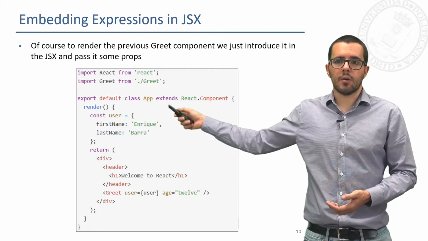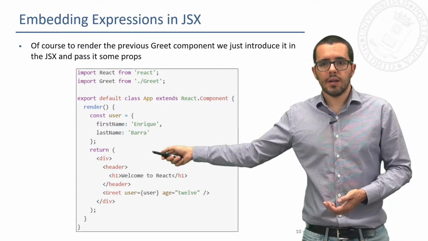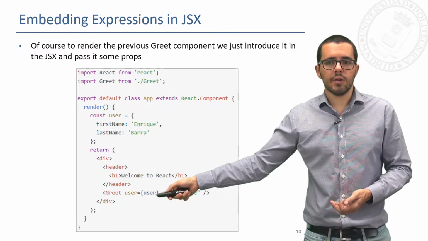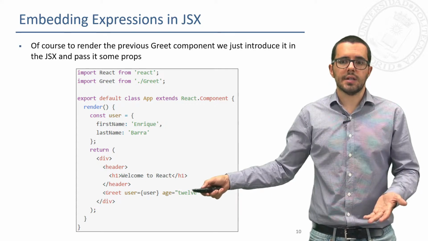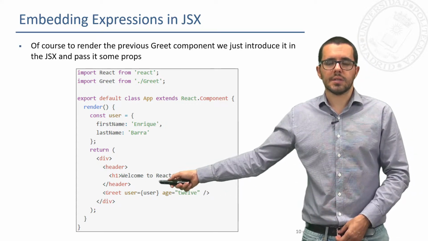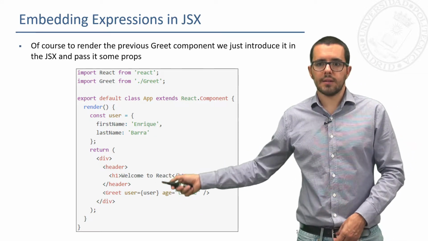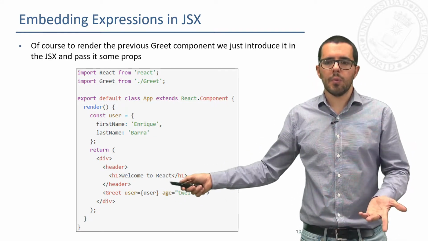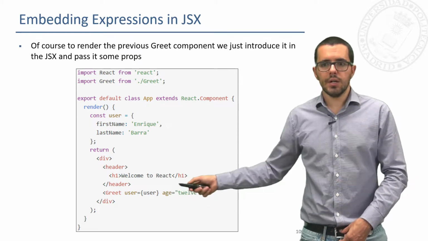So in another component called app, we call the greet component with user and age. For example, in this case, age is a string and user is a JavaScript object. We will call another part that is HTML or other components, and we will render this component with two props, user and age.